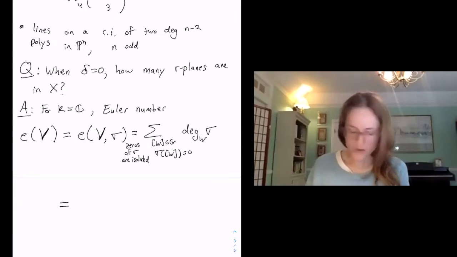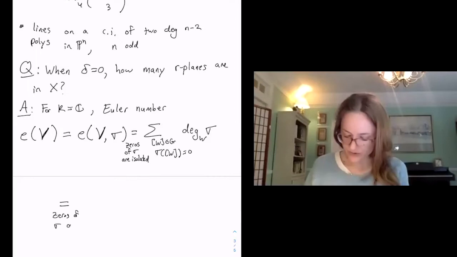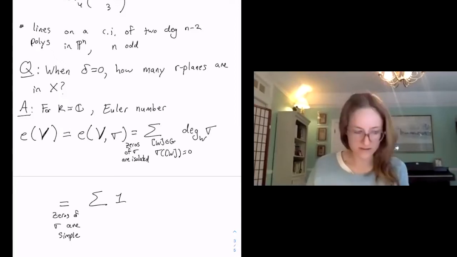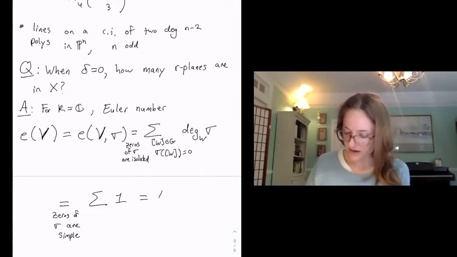By the Debar-Manavel result, the zeros of sigma are also simple because the zero locus was smooth. And everything is orientation preserving. So what this gives us is a sum over 1 of these same zeros of sigma. And as we commented above, the zeros of sigma are exactly the r-planes.